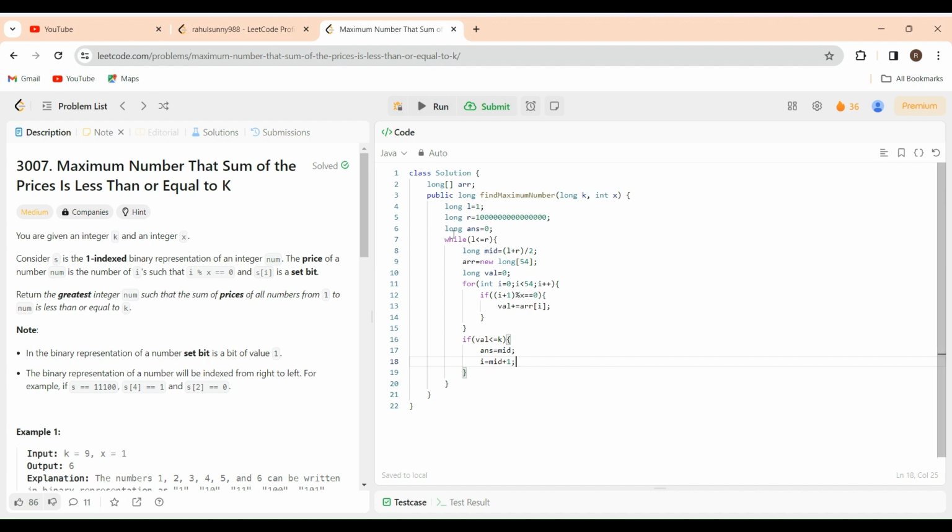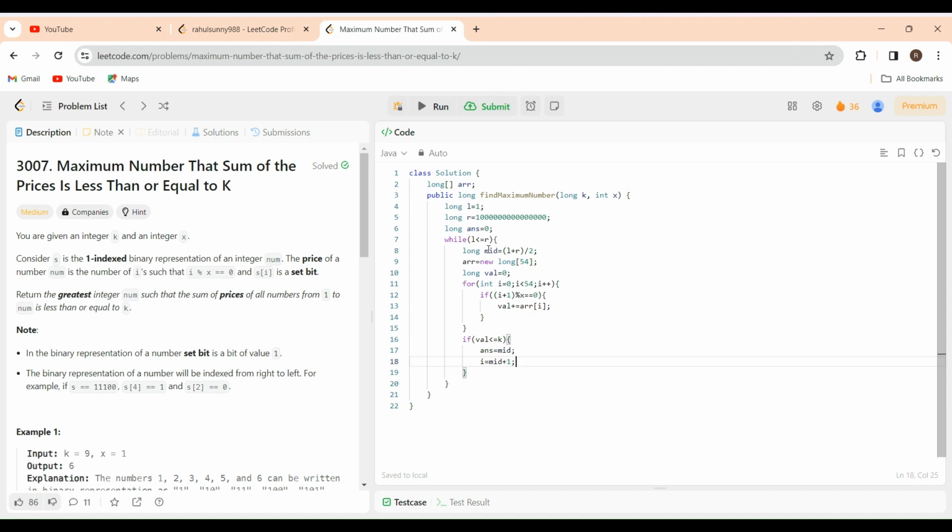If the price of 10 is lesser than or equal to k, then I will consider from 10 to 20, to check whether there is a number whose price is lesser than or equal to k.